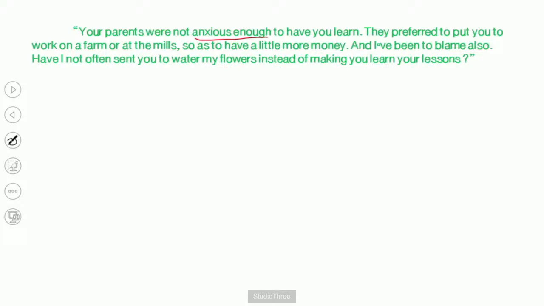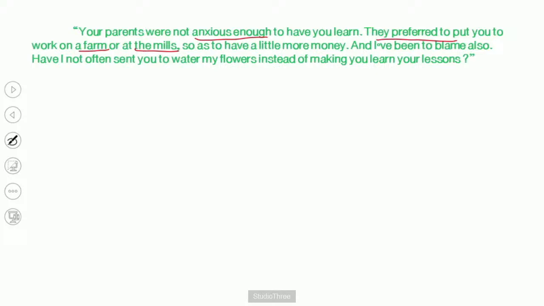So they will also not be anxious with you about why you have not learned the participles or the French language. If you do not complete your task, then they will prefer to put you to work on a farm or in the mills. Means this is the lesson from this text for us, that if you do not study hard, then you will have to work, and you will not fulfill the expectations of our parents.